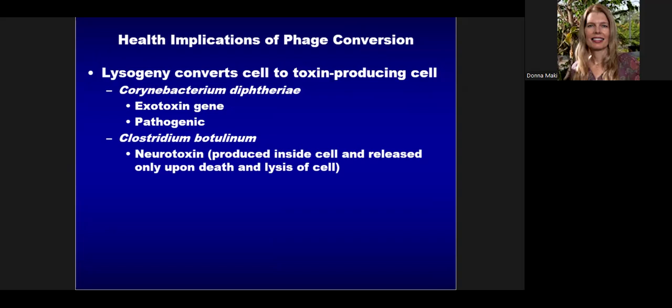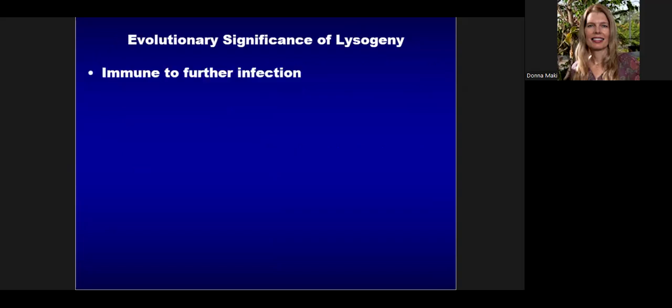Unfortunately, it's usually a human that they're feeding off of. But the other idea too: once you've become a lysogenized cell, you're immune to further infection by that same virus. So whatever virus pasted its DNA into you, that same virus, if it came along again, couldn't infect you.